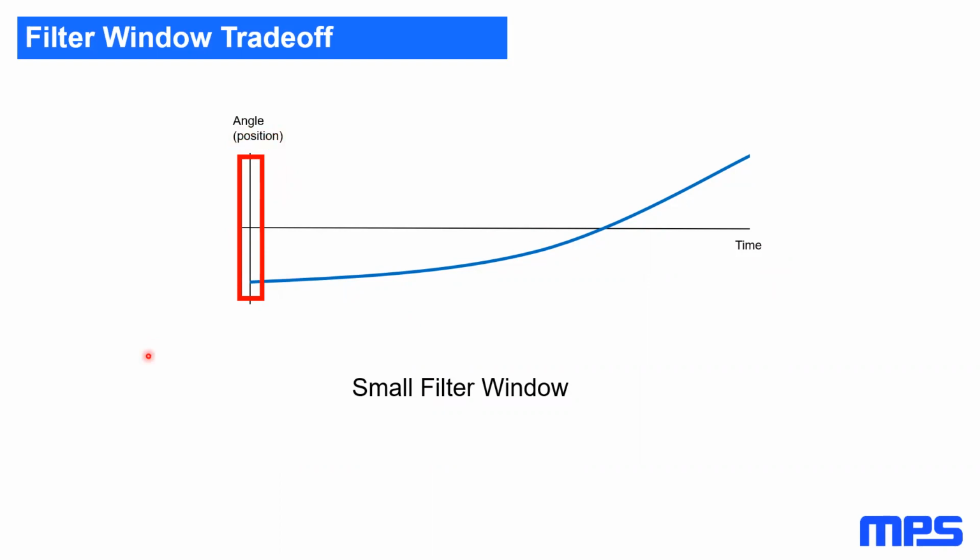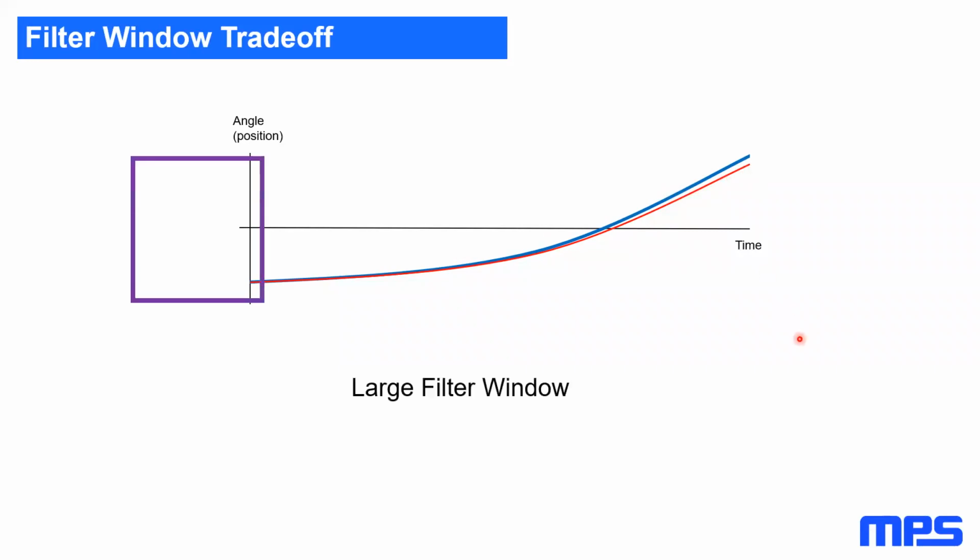But in any case, as I scan this with that same window, the problem is I am averaging everything in that window. And so I'm going to get a little bit of a lag as this thing starts to accelerate, because when I'm here, I'm also averaging this point and this point and this point. And so I get this lag.